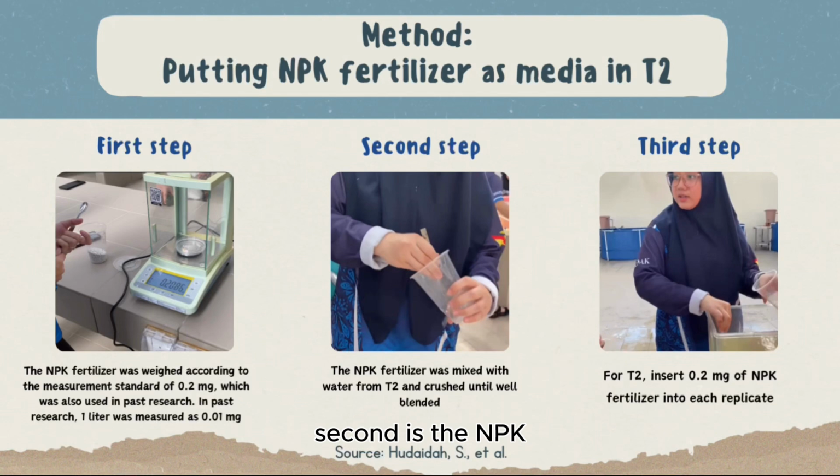Second, the NPK fertilizer was mixed with water from tank 2 and crushed until well blended. Lastly, for tank 2, insert 0.2 mg of NPK fertilizer into each replicate that we have done in step 1.